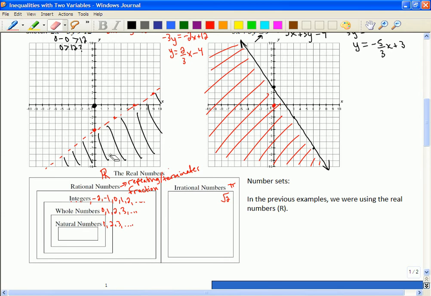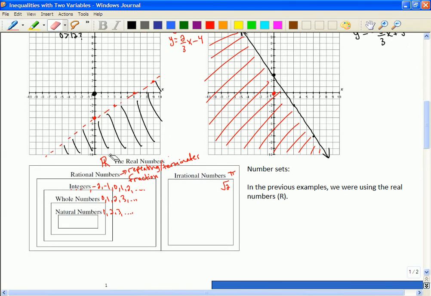So the other shortcuts we have here are integers. You can use capital I in your homework. Whole numbers, you can use capital W, and natural numbers, you can use capital N. So here's how I was taught, and I think it's a pretty good way to remember the natural numbers and whole numbers, because sometimes it gets confusing. The natural numbers are the ones that you first learn when you learn to count.